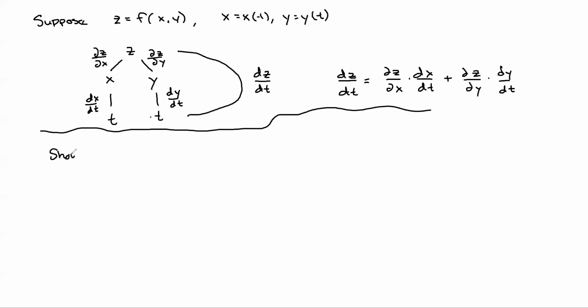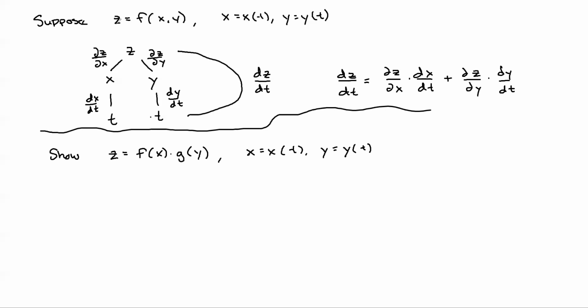This is not a proof, it's more of a show. Show this is true in the case where z is f of x times g of y, and then x is equal to x of t, and y is equal to y of t.